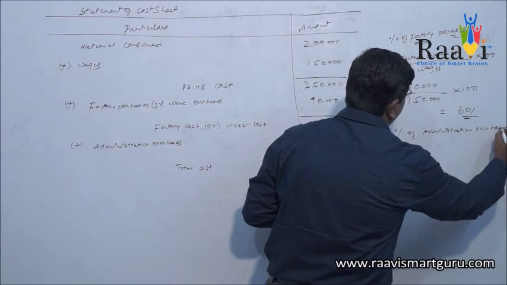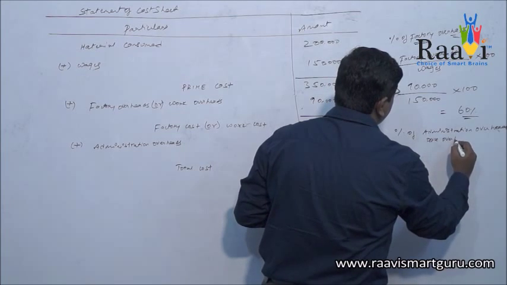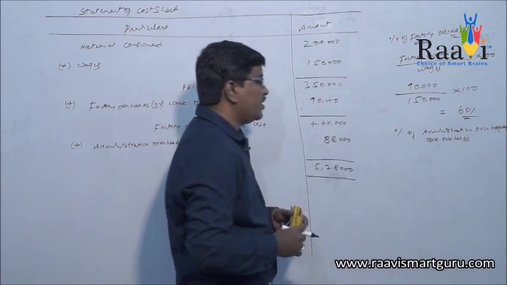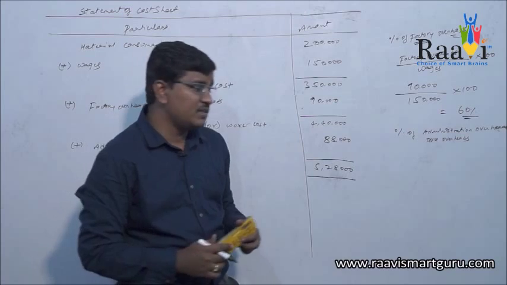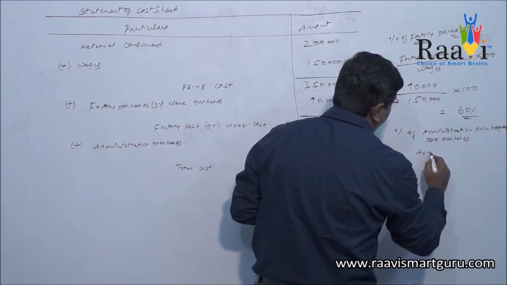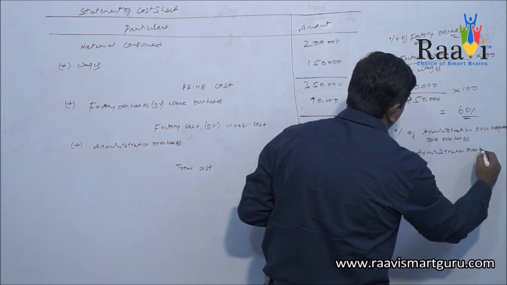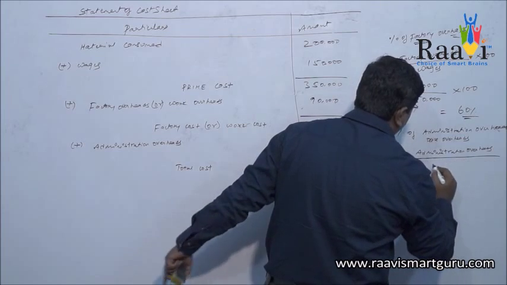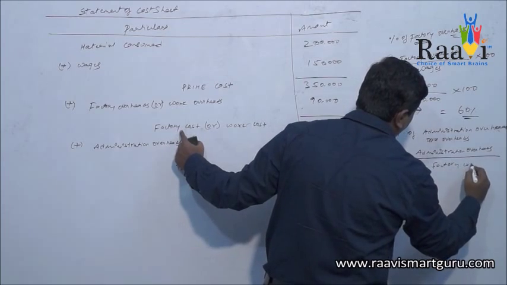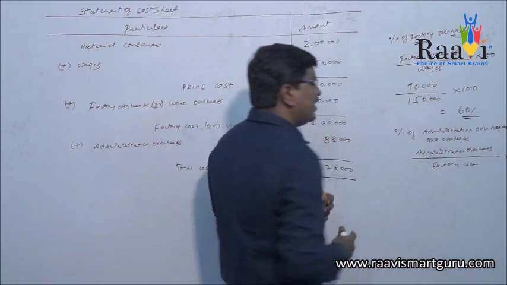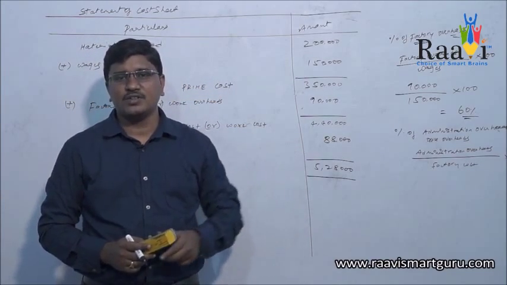The formula for the percentage of office overheads or administration overheads is administration overheads divided by factory cost into 100.